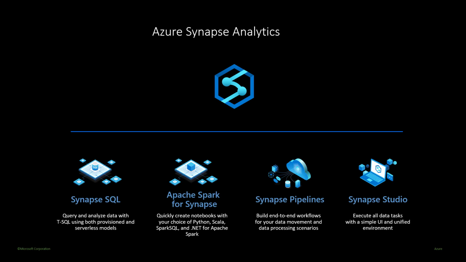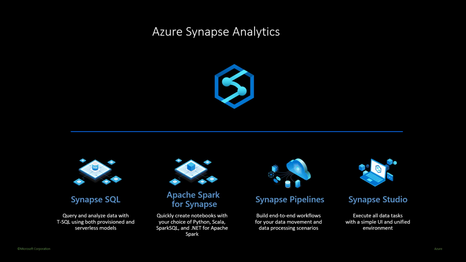Synapse pipeline is what we are focusing on today. It comes built in in the Synapse workspace, which allows you to have the same experience you had in Azure Data Factory, which we just mentioned has so much functionality, allowing you to migrate, integrate, and enrich the data from multiple sources to the destination.